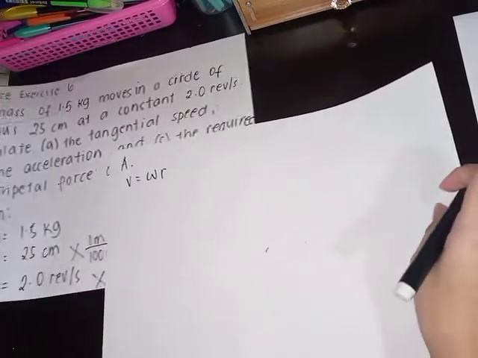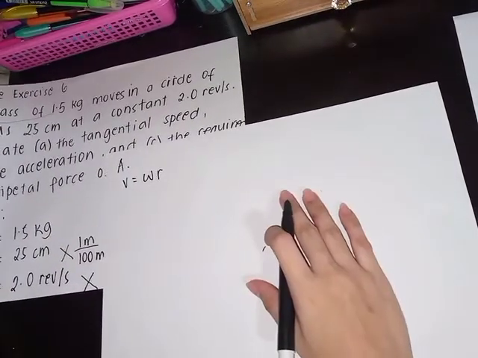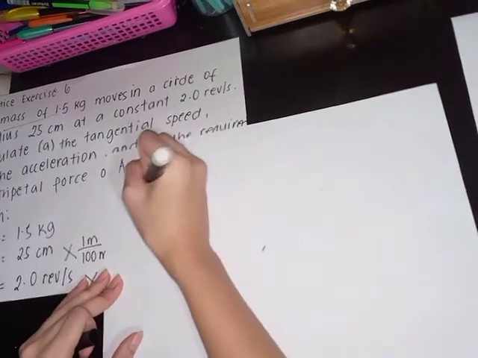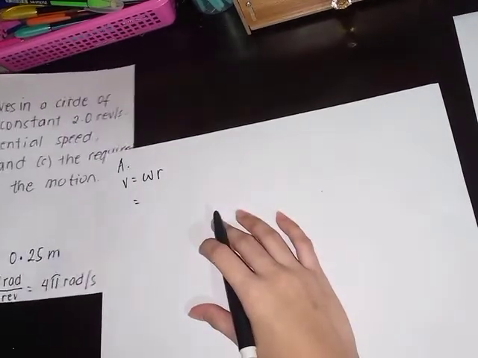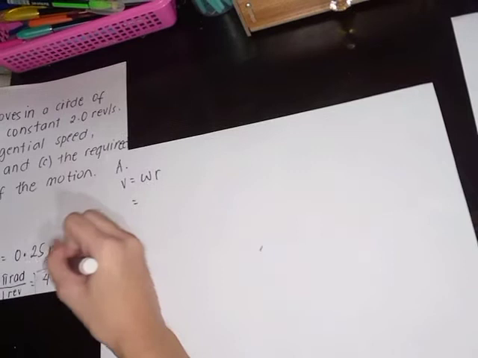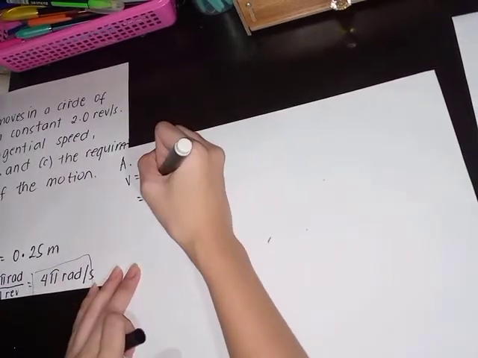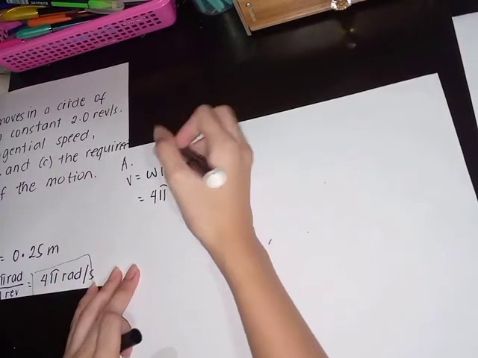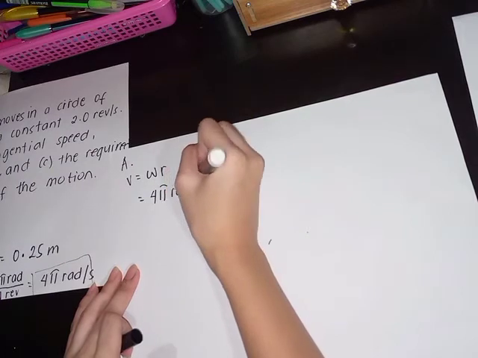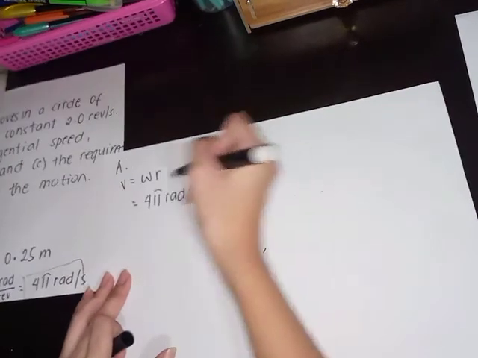So from the given, we have the angular velocity, ito, na 4 pi radians per second.